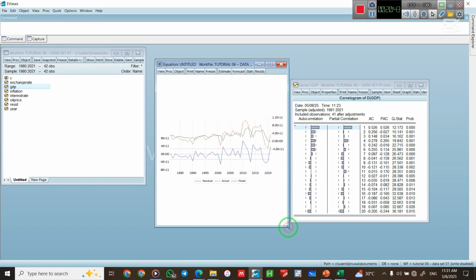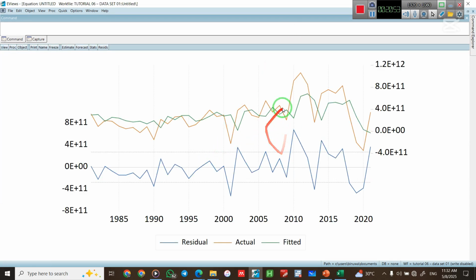In this graph, the blue line represents the residuals, the orange line represents the actual values, and the green line represents the fitted values. Fitted simply means the estimated value.